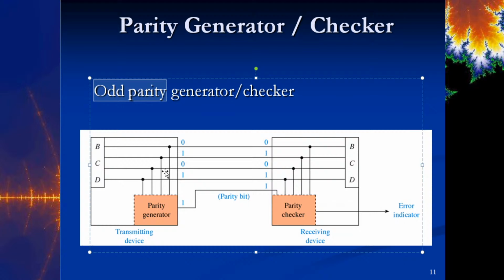To make it odd parity, the parity bit has to be a 1. If this was 0, 1, 1, 1, that would have already been odd parity, and so the parity bit would just be a 0. Okay? So the parity bit exists to make odd parity if it's even parity. If it's already odd parity, it just becomes a 0 in the transmission.